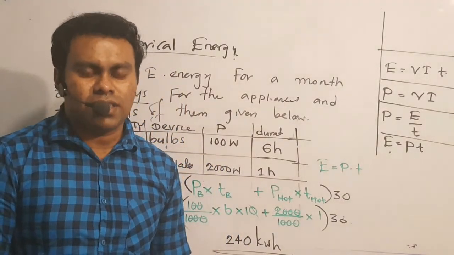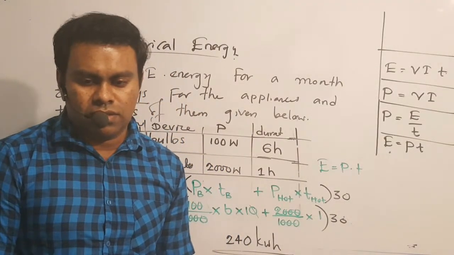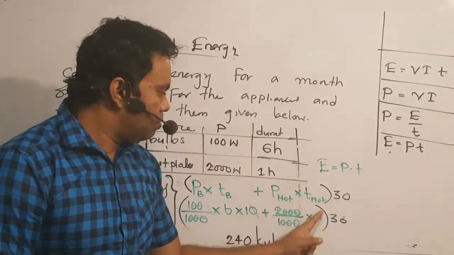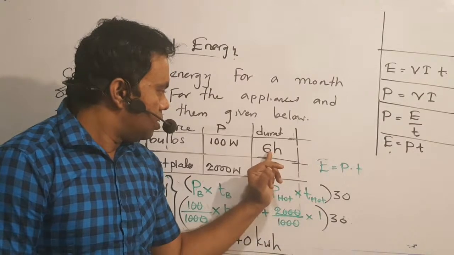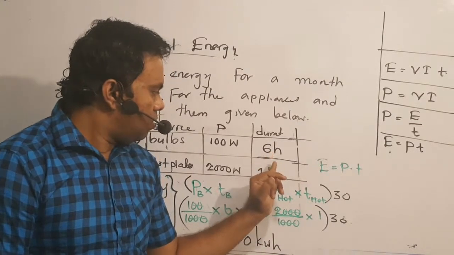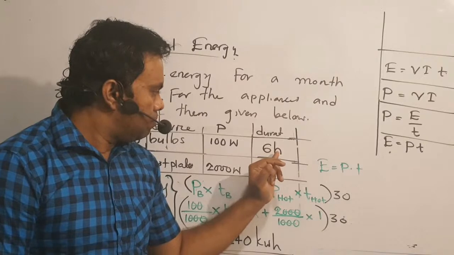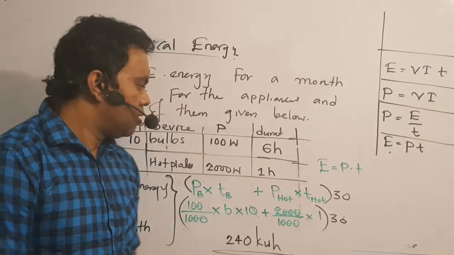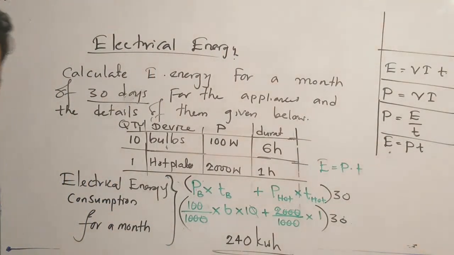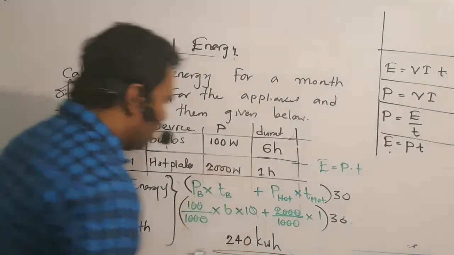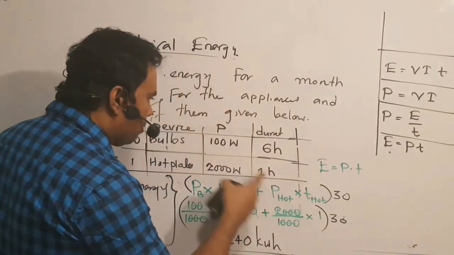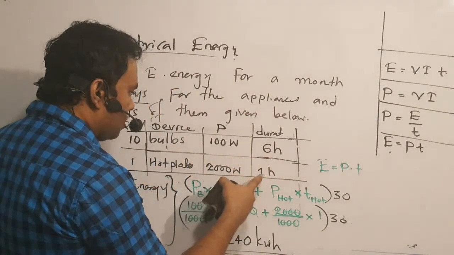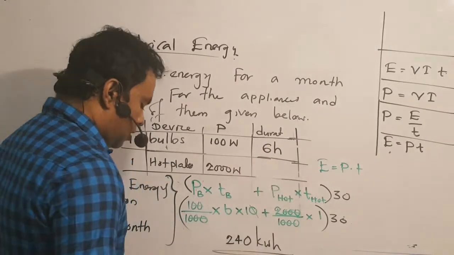Then you have to convert that into hours by dividing by 60. If it comes as 60 or 30 minutes, divide that value by 60 to get hours. Let's take one example: the duration of the hot plate is 30 minutes.